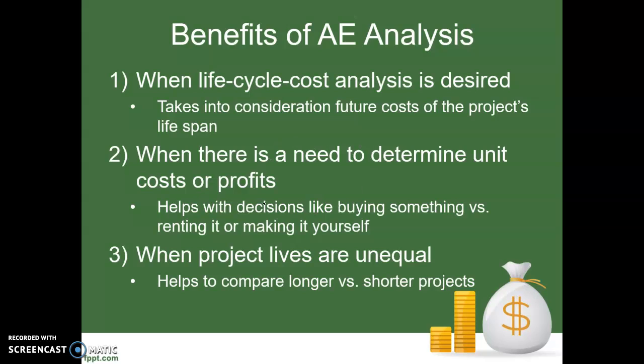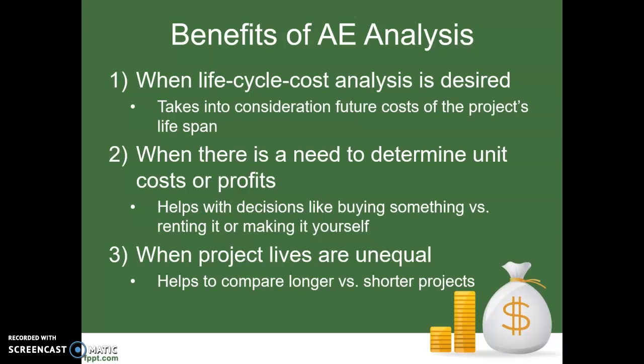It can also help us when we are trying to decide whether to buy or rent something. If we take the cost of buying and owning something and then find an annual equivalence, we can compare that to what it might cost to rent or lease that same equipment. And again, it's a good type of analysis to use when the revenue or costs associated with the project are somewhat imbalanced.